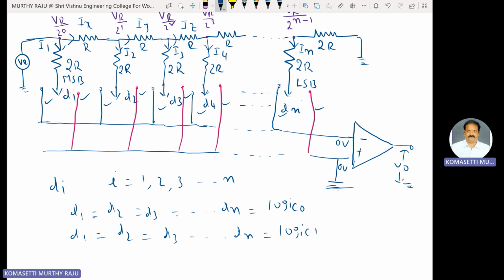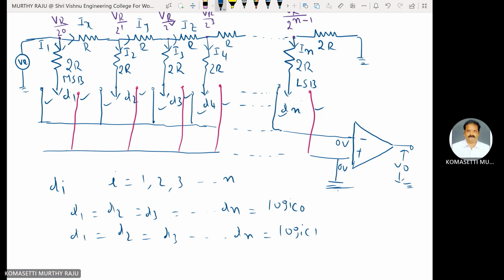In both the cases, whether Di is 0, that means D1 equals D2 equals D3 and so on up to Dn equals 0, or Di is 1, that means D1 equals D2 equals D3 equals Dn equals logic 1, the switch endpoints are connected to ground potential.